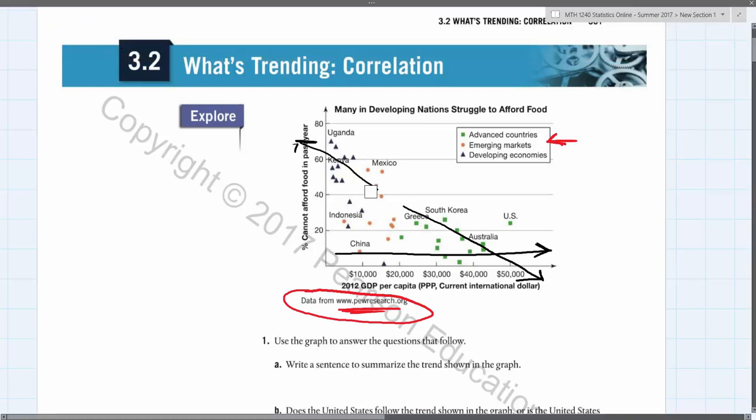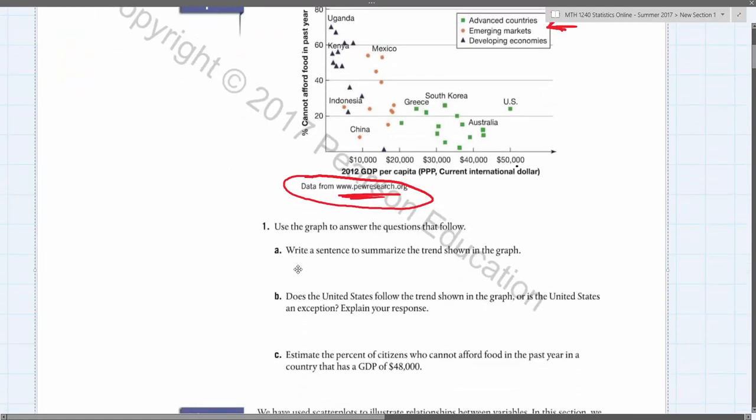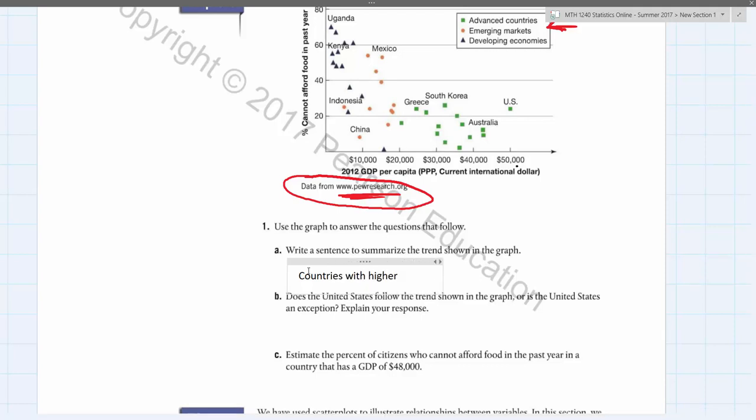Let me erase this so we can see the graph still. Let me type a sentence here for you, something that we could say. We could say something like, countries with higher GDPs have lower percents of citizens who cannot afford food.